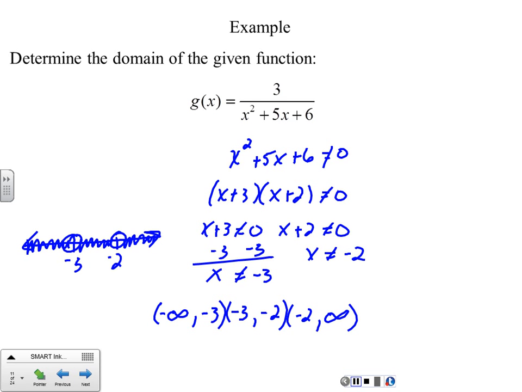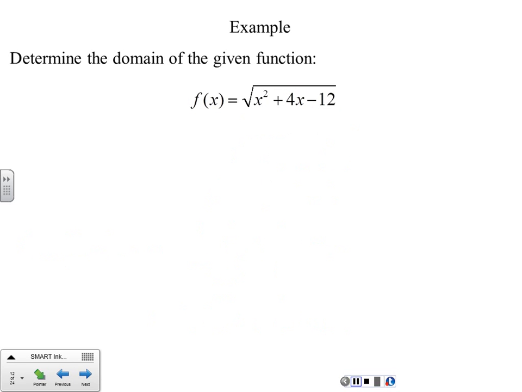If it could be equal to, I would use brackets. All right, so you have to remember how to solve a quadratic, whether you use the quadratic formula or factoring, it's your choice.